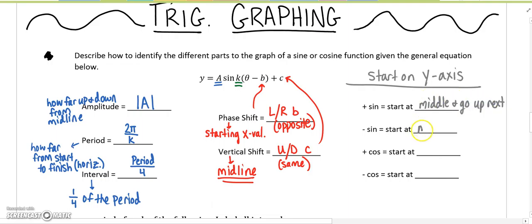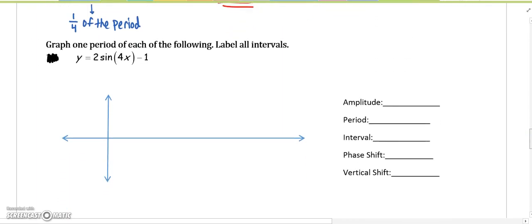If it's a negative sine, you start at the middle and go down next. Positive cosine starts at the max, so the highest point you have, and so then it has to come down next. And negative cosine starts at the min, so the lowest point you have. Alright, that's some basics. Let's put it into practice.